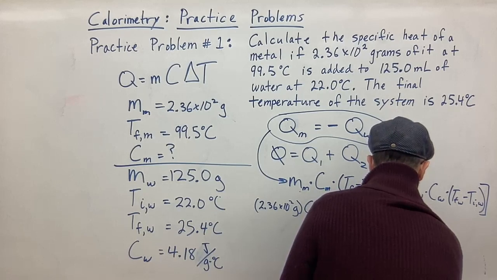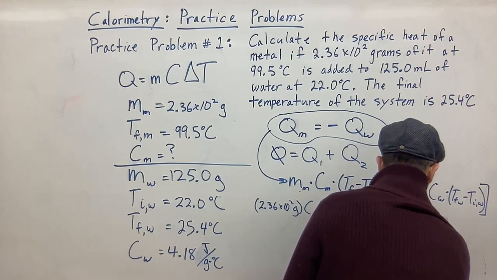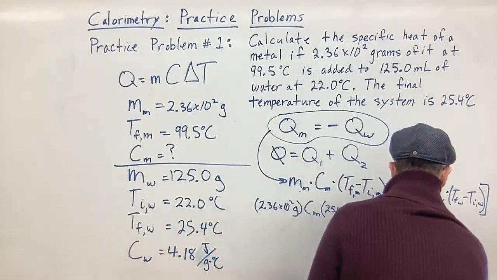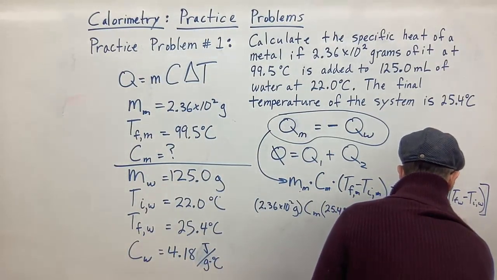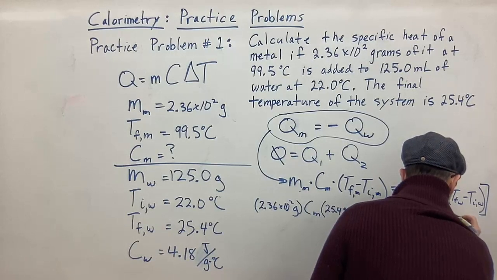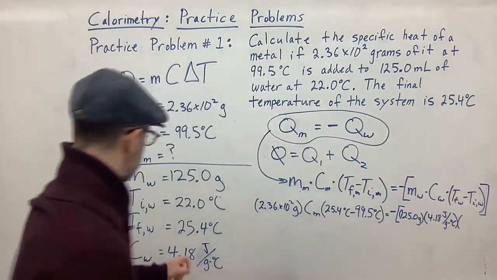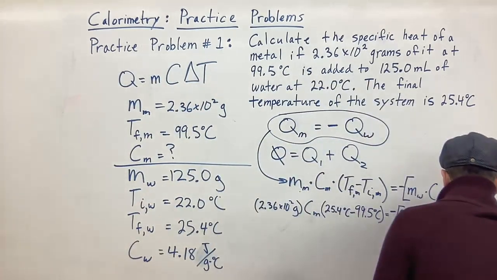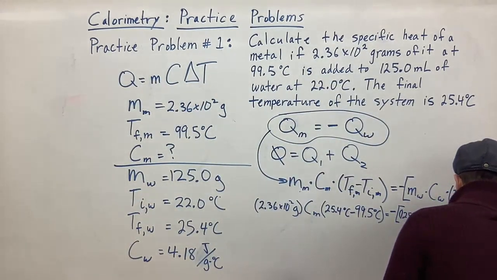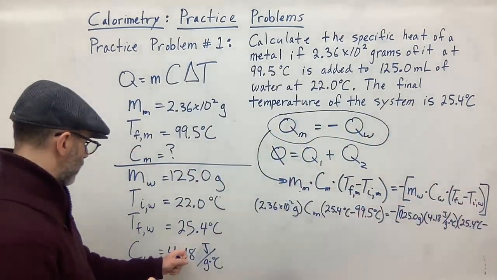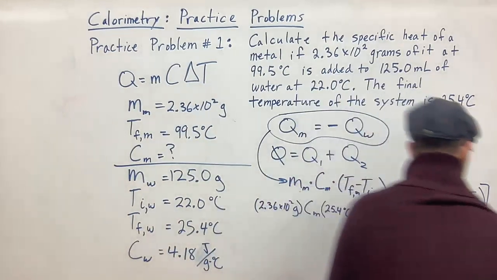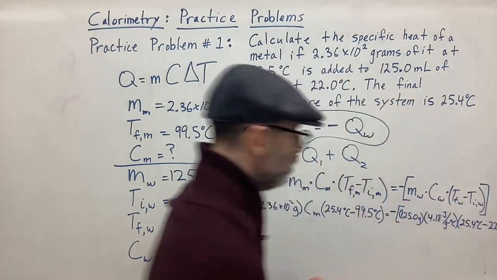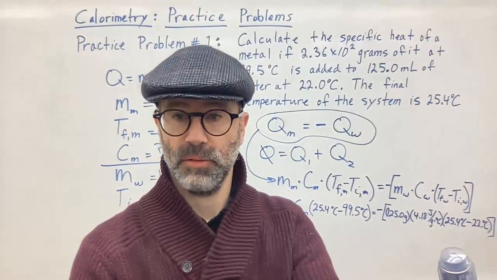So we have 125.0 grams of the water multiplied by the specific heat of the water, 4.18 joules per gram degrees Celsius, and multiplied by the temperature change, which is final minus initial. 25.4 degrees Celsius minus the initial temperature, 22.0 degrees Celsius. Oops, let me fix that. There you go.